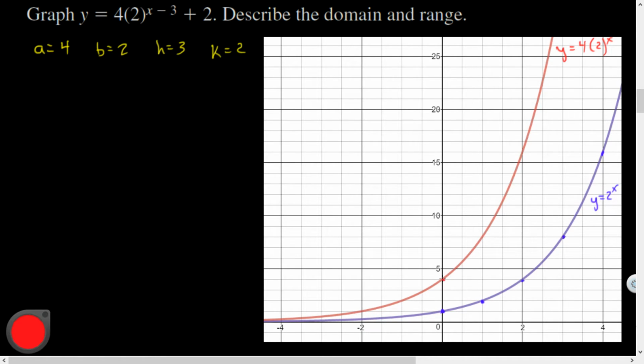So here's the point (0, 4). Let's see, 2 times 4 was 8 high, so that was (1, 8). Let's see, 4 times 4 is 16, right? So there's some points for me to reference. I also had right here, looks like (-1, 2). Okay, so with those points, now I've got to think about these in terms of shifting them.